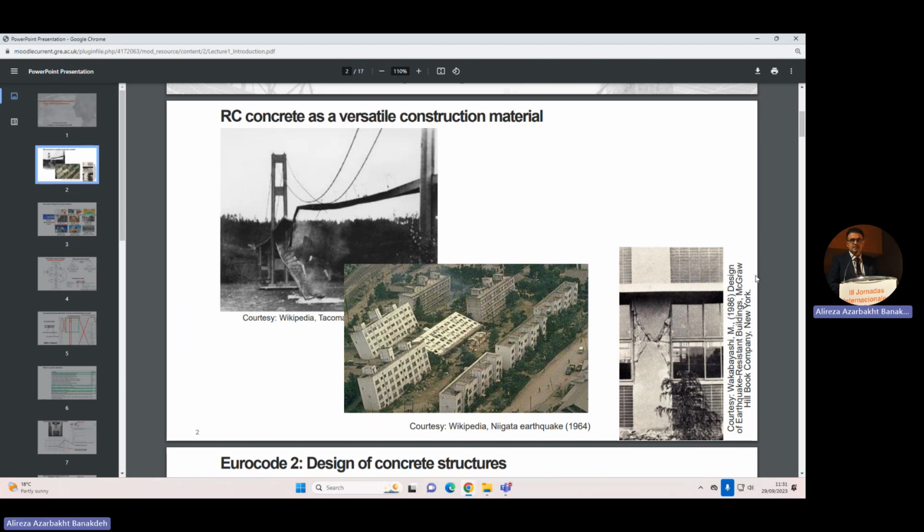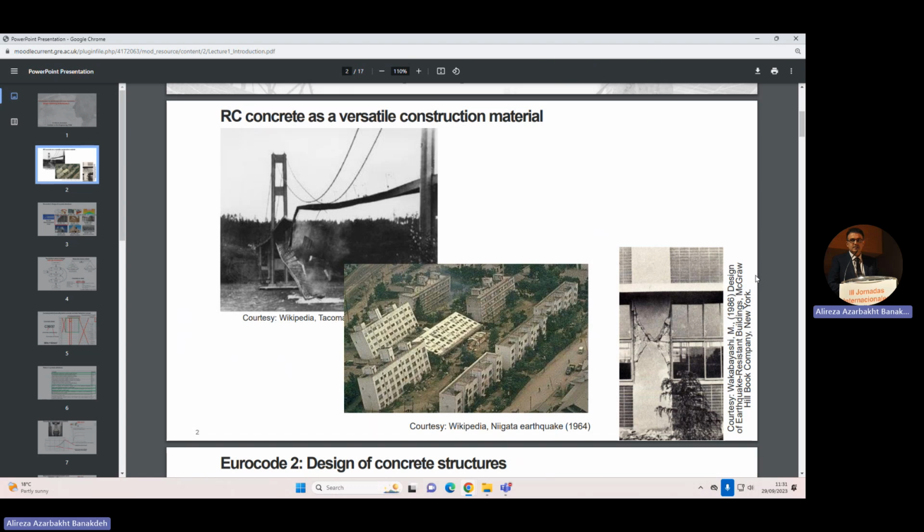So that's why scientists and engineers have tried to figure out what the problem is with the different kinds of damages and collapses. And nowadays, we have a high and good level of information about how to design proper concrete structures. So that's what we want to learn in this module.